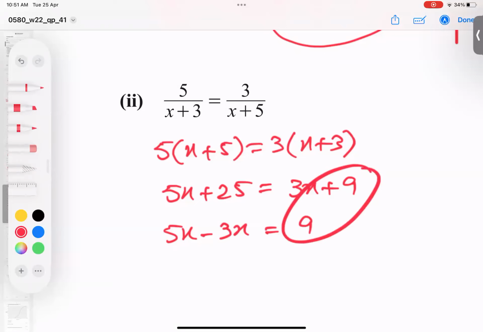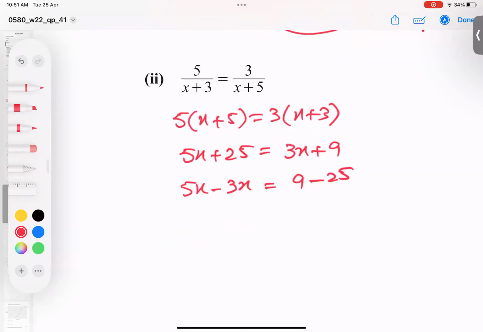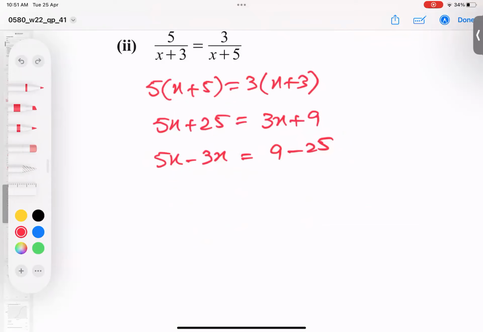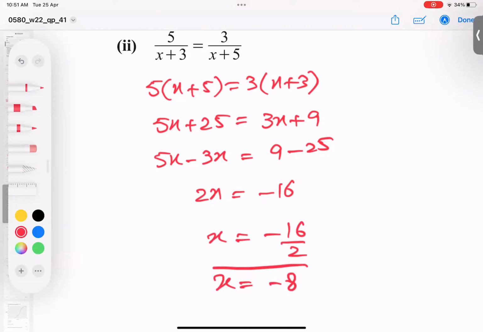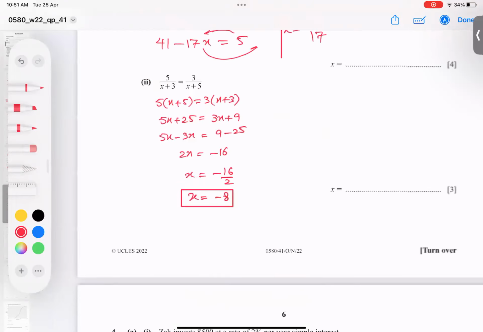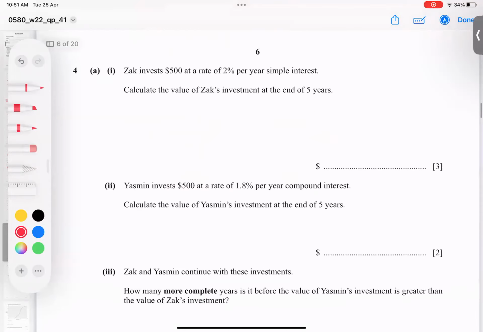Make sure 9 is already present, 25 will go after that. Some students make a mistake here, be careful. Subtract these two, I got 2x. And from here, I got negative 16. And then this 2 multiplying with x will divide there. And Alhamdulillah, finally I got this answer. So a lot of algebra here. Question number 4.